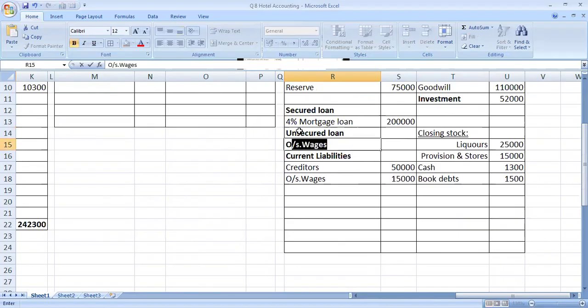Outstanding interest on debenture, that is outstanding only balance 500.